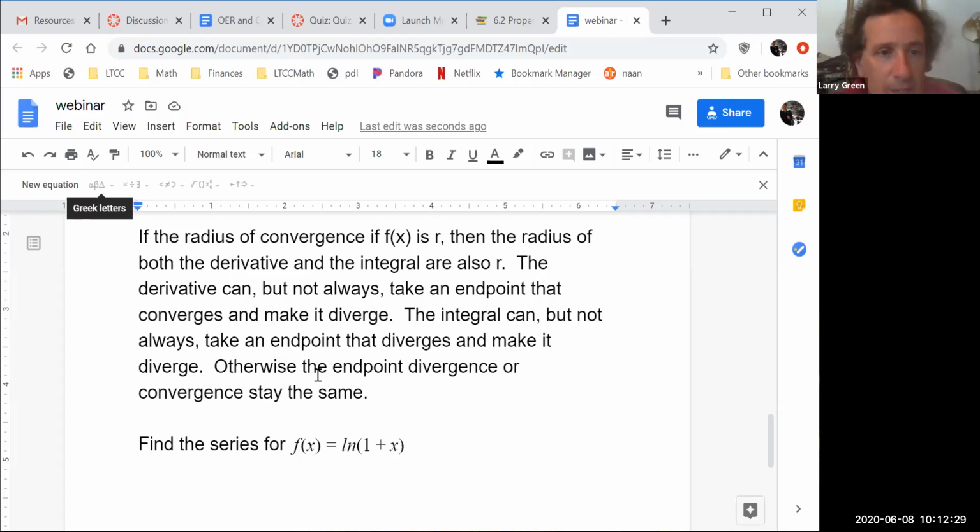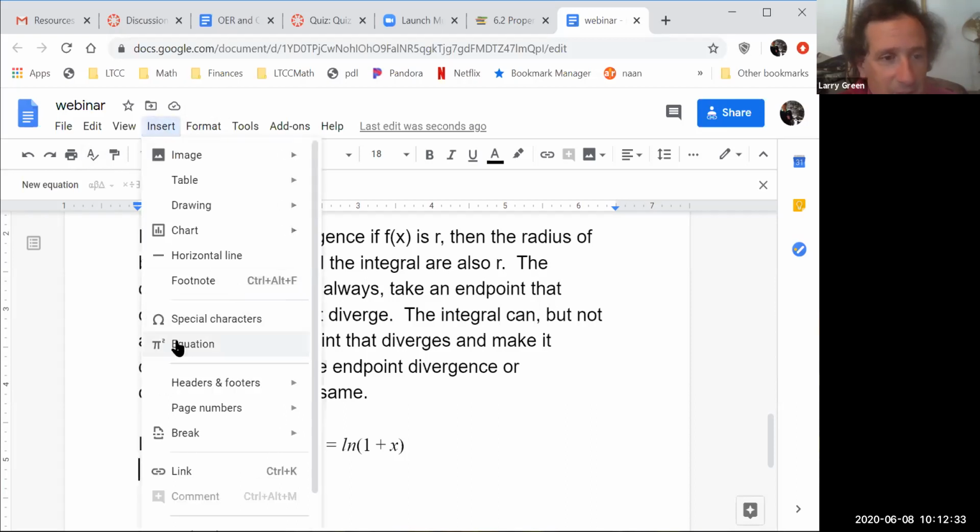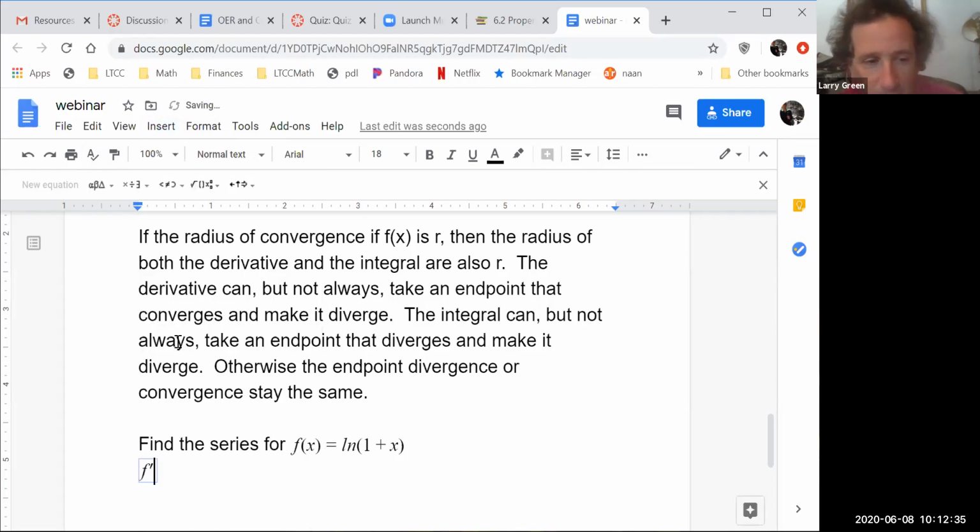Okay, what we can say, and I hope you all remember how to take derivatives, f prime of x is equal to 1 over 1 plus x. Any questions on that?